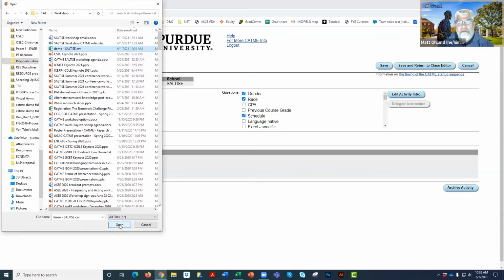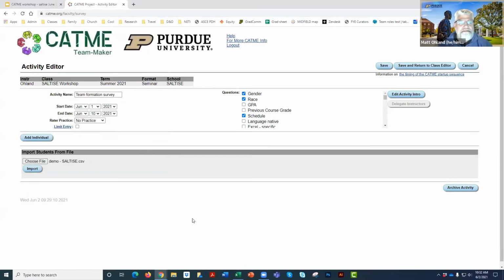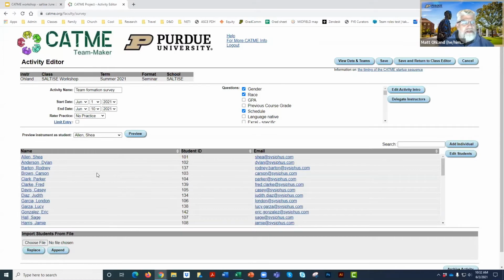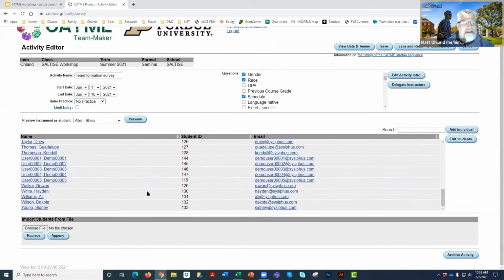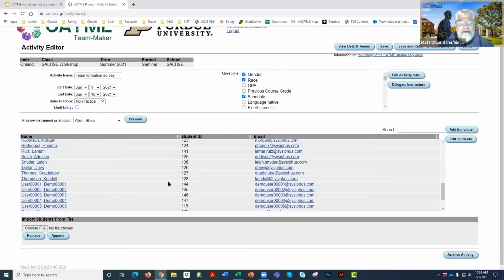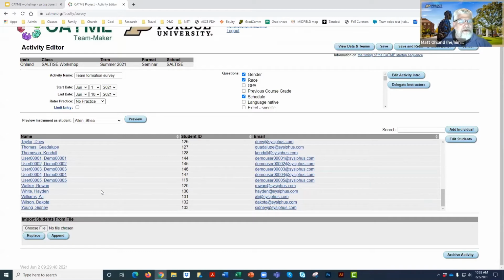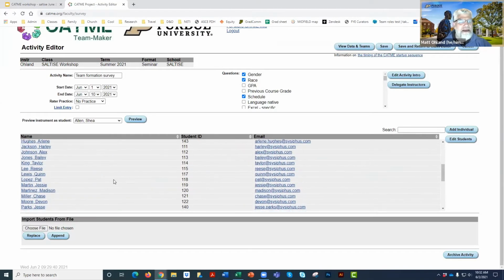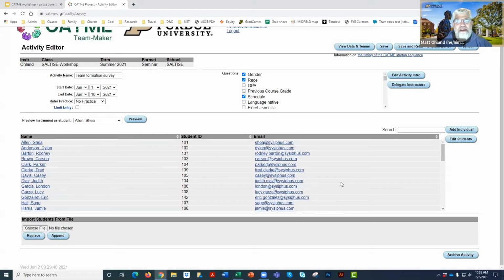And it also makes it easy to exchange information with learning management systems. So when I import that list, it shows that I have a number of students. Unfortunately, we ran out of the nicer looking user IDs. So some people will have these ugly demo user IDs. Sorry about that. Your names won't be as pretty on the screen.